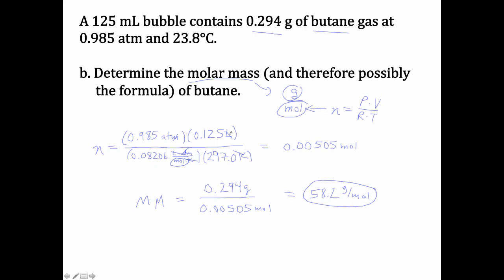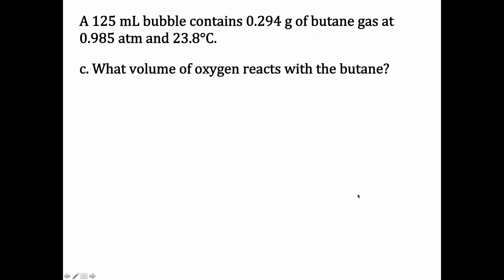Now, if we had more information like mass spectrum of butane or percent composition, we could finish the problem and get the molar mass and the formula, and it turns out that butane has a formula of C4H10, which corresponds to 58.2 grams per mole.